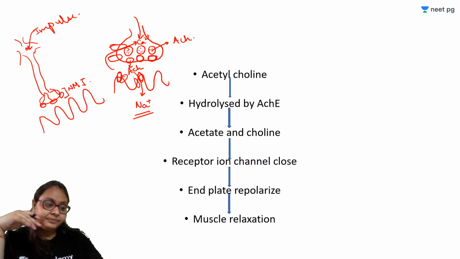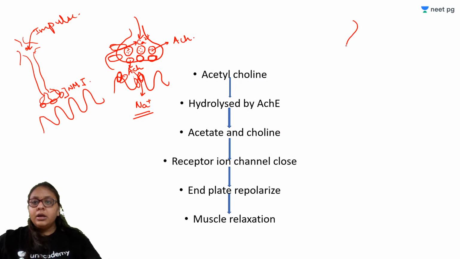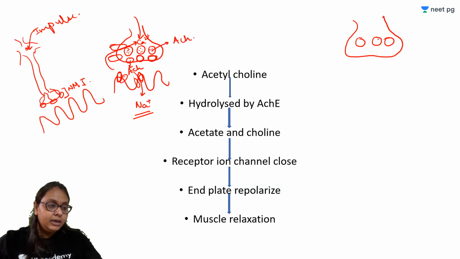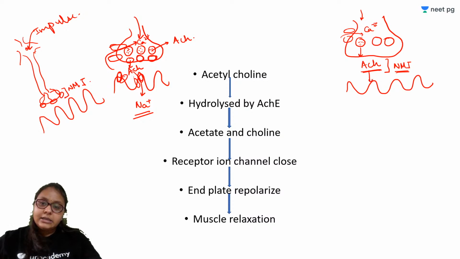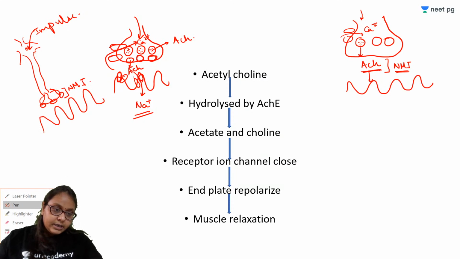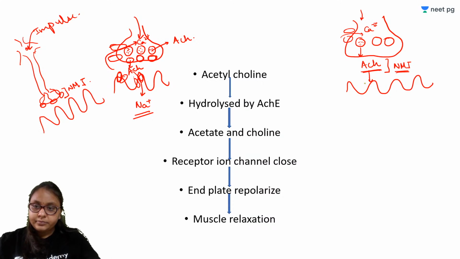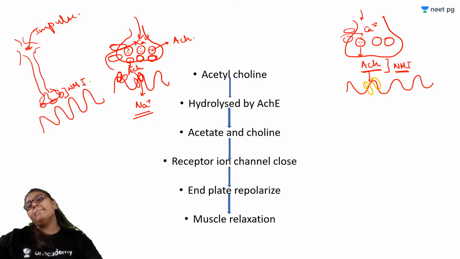Any doubt in this? तो क्या हुआ, ये सिनेप्टिक नॉब है, इसके अंदर सिनेप्टिक वेसिकल्स हैं, इसके अंदर एसिटाइलकोलिन है, यहाँ से इम्पल्स आया, कैल्शियम चैनल्स ओपन हुए, इन्फ्लक्स ऑफ द कैल्शियम हुआ. ठीक है, these will fuse, that will release the acetylcholine into the neuromuscular junctional space. ये मसल फाइबर है, इसके अंदर एसिटाइलकोलिन रिसेप्टर्स हैं, which is pentameric in nature.